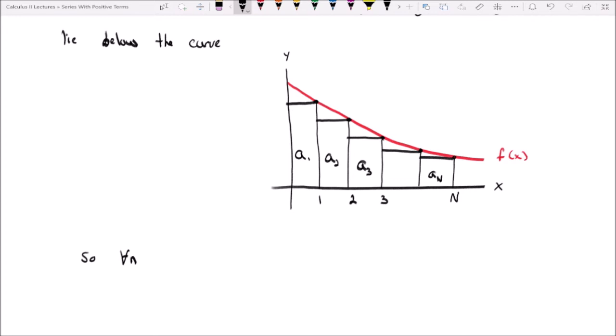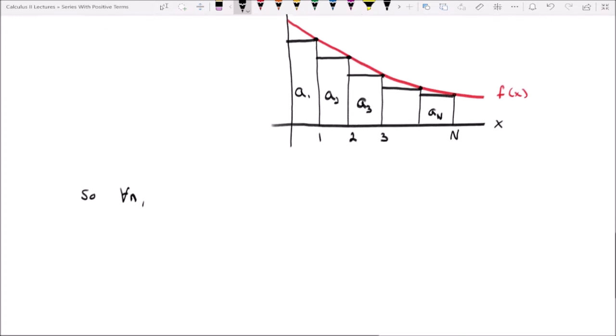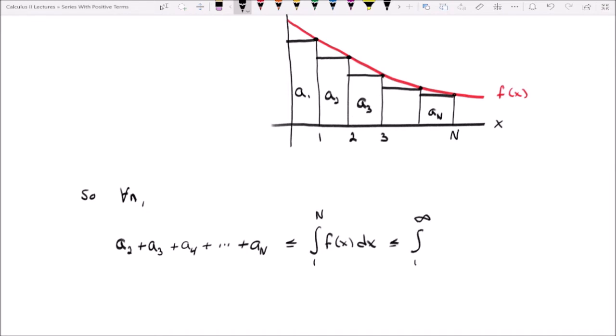Right, so for all n, notice what we have. A2 plus A3 plus A4 and so on, plus A sub n, would be less than or equal to the integral from 1 to n of f of x dx, which would clearly be less than or equal to the integral from 1 to infinity of f of x dx.